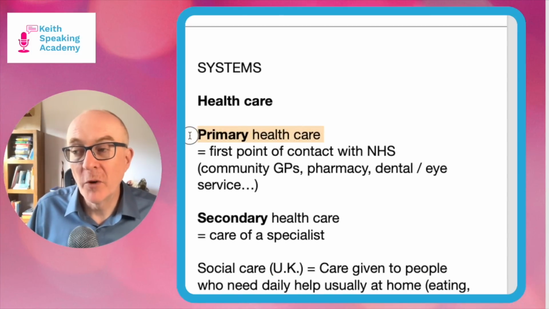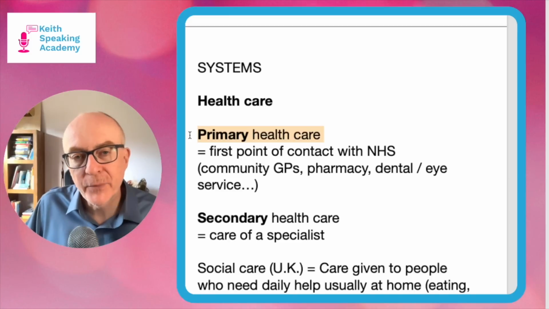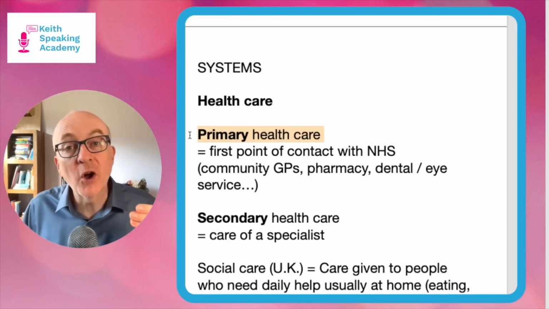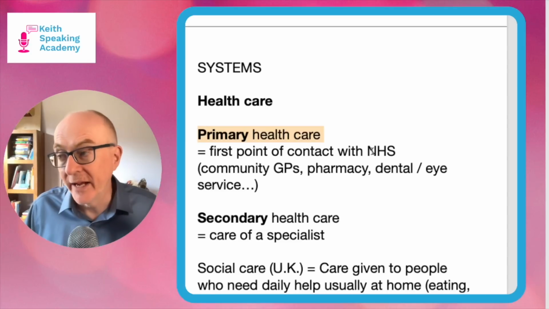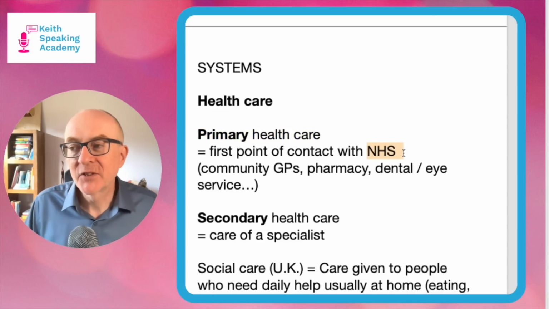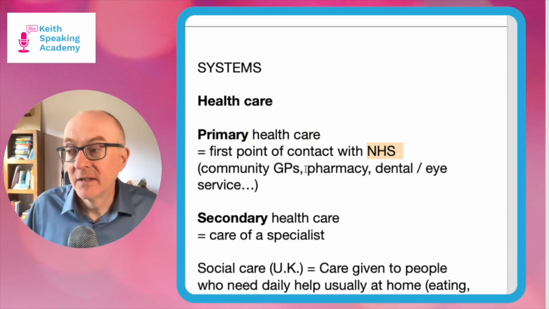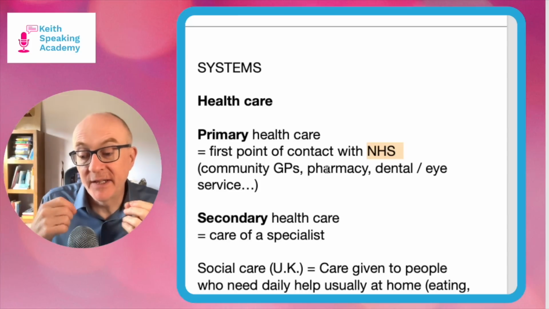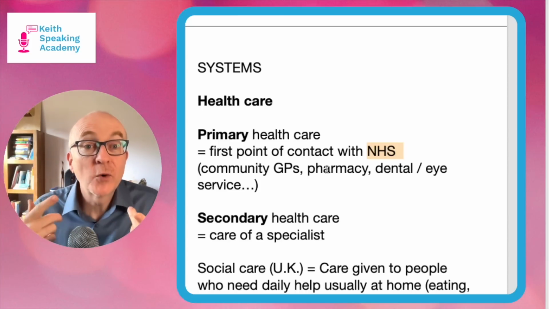I think this is the most common thing that you will hear, the primary healthcare, which basically is the first point of contact with the national health system. So that could be your community doctor, it could be the pharmacy, the dentist or dental service, or eye service.